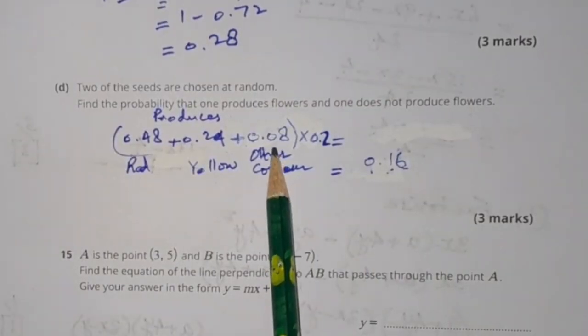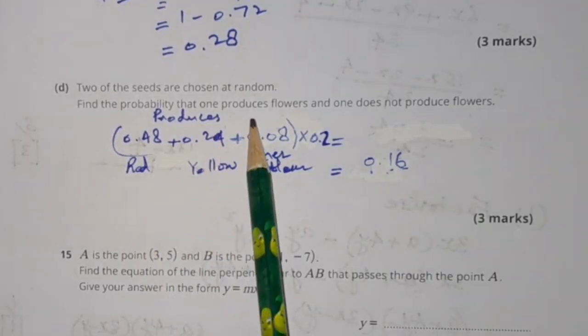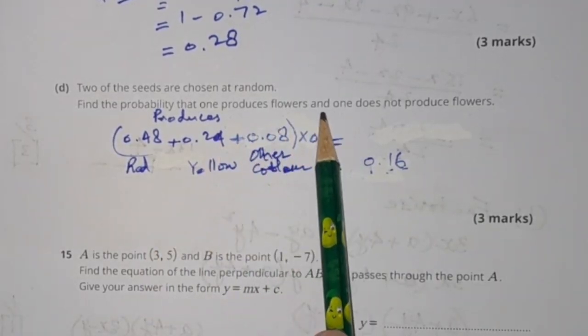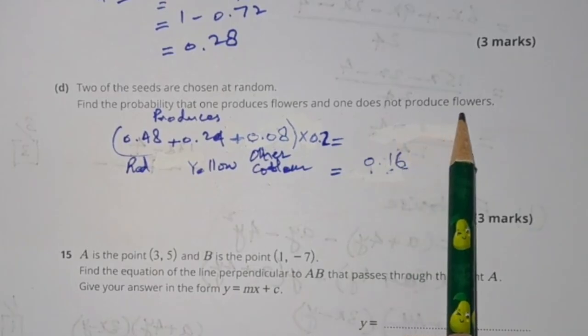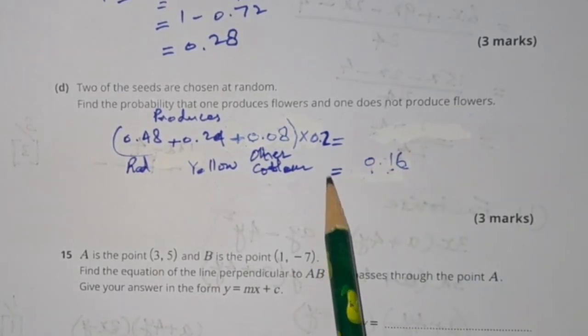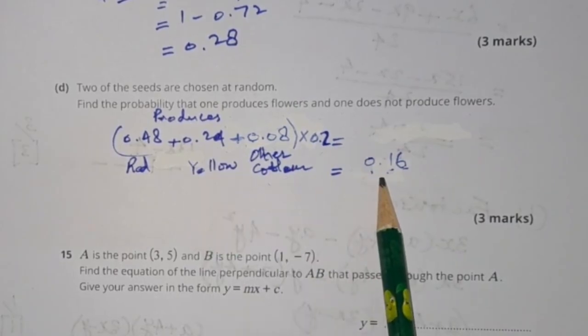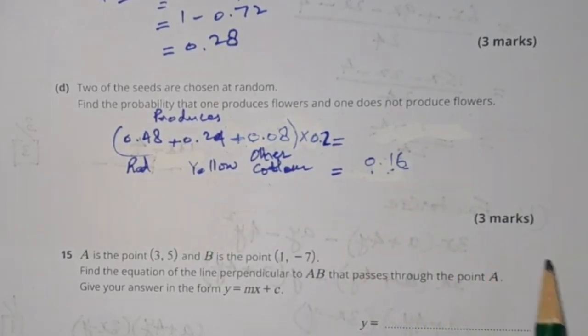So we add them up, and then the other thing is one does not produce flowers, and the probability of not producing flowers is 0.2. So we multiply and get an answer of 0.16, and this question is completed.